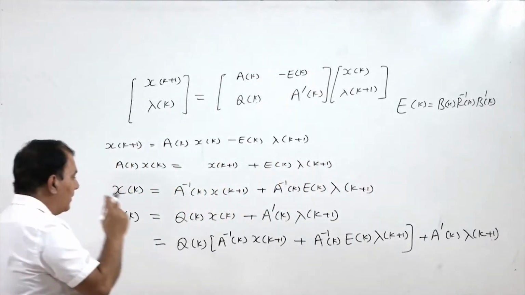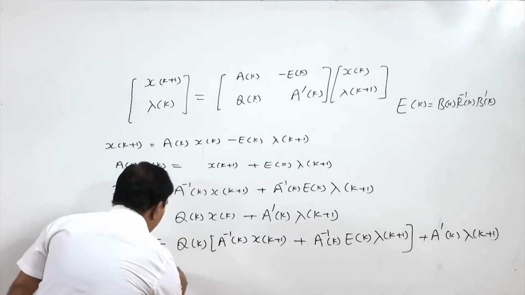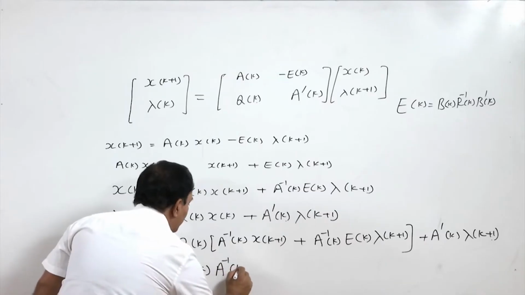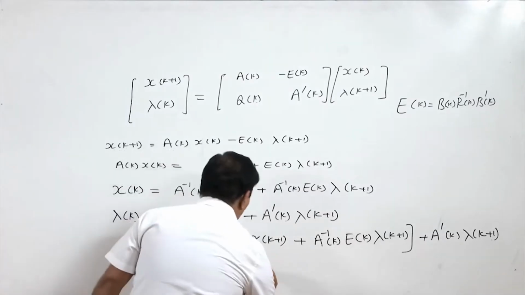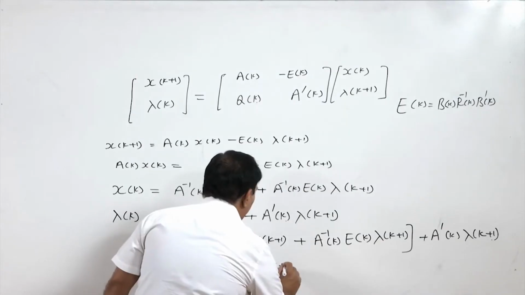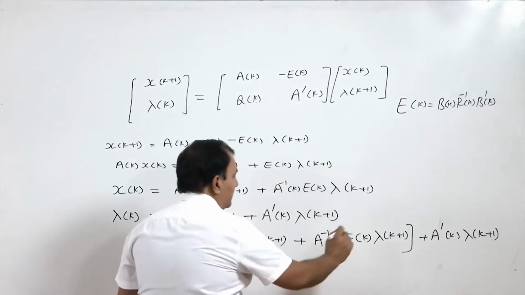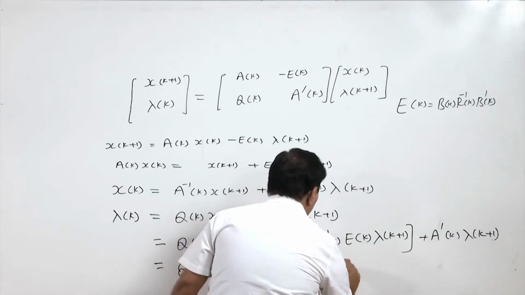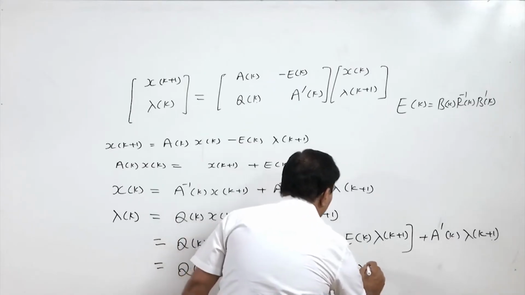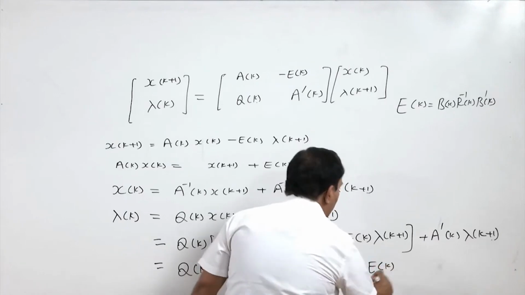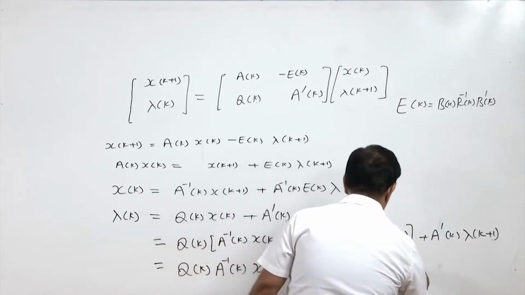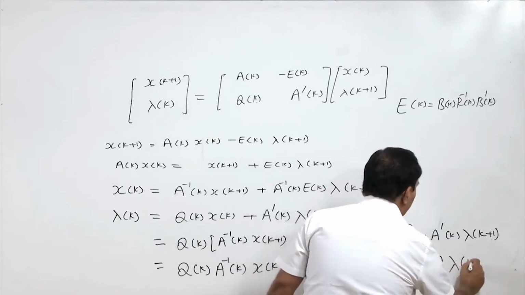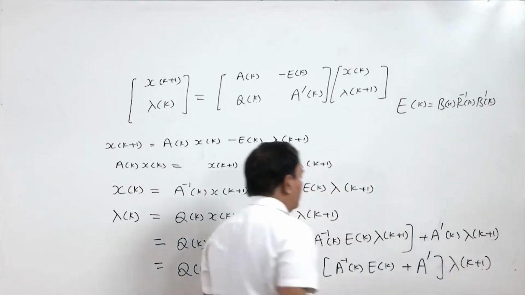So, if I expand this, this is nothing but my Q k A inverse x of k plus 1 and this I can include into this A inverse k E k plus A transpose lambda k plus 1.